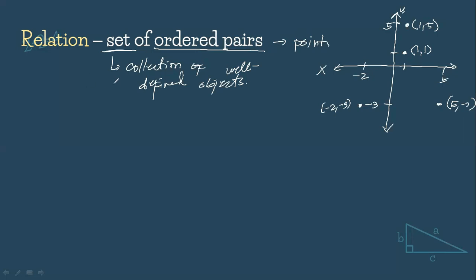Kailangan meron tayong tinatawag na similarities para magkaroon sila ng well-defined na characteristics. Such as, for example, the set of real numbers, kailangan po yung mga numbers natin is kasama sa set ng real numbers. Ibig sabihin, kahit ito ay rational or irrational, pwede din pong kasama siya sa set of real numbers.